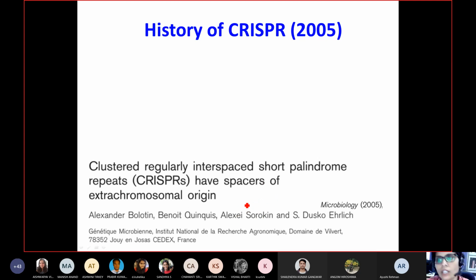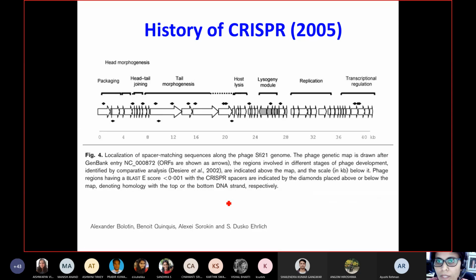That means they are proposing that these infections provide some kind of immunity to the E. coli system, or in this case, a Streptococcus strain.